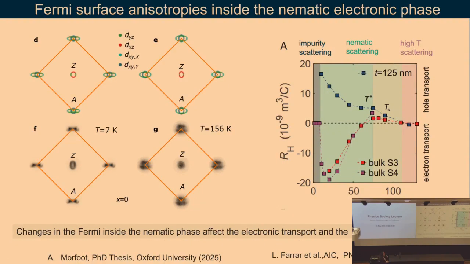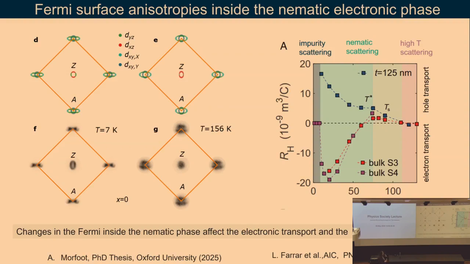So I mentioned the nematic electronic phases these materials have, which are, again, an electronic organization of the system, and the way they manifest in experiment is shown in this picture. This is now a map of iron selenide at low temperature inside the nematic phase.